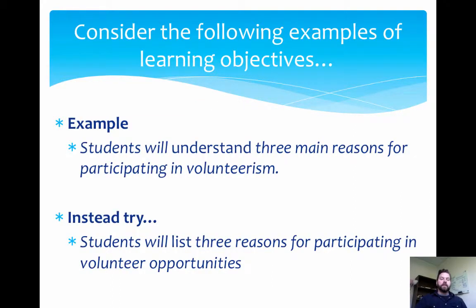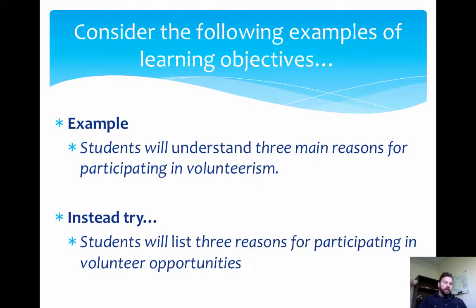So let's consider some examples of non-measurable objectives and then a rewritten version that's measurable. The first one: students will understand three main reasons for participating in volunteerism. The reason that this objective is not measurable is that it's difficult to gauge with any real accuracy whether someone truly understands something.